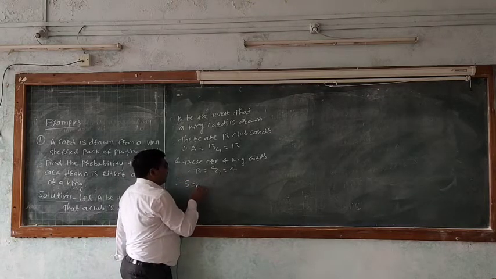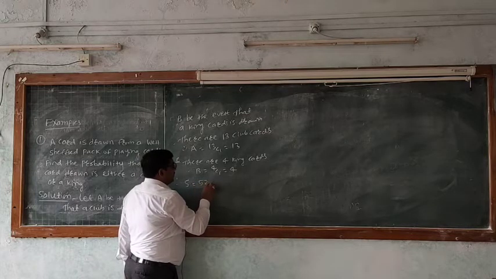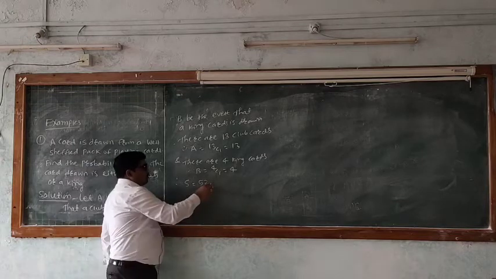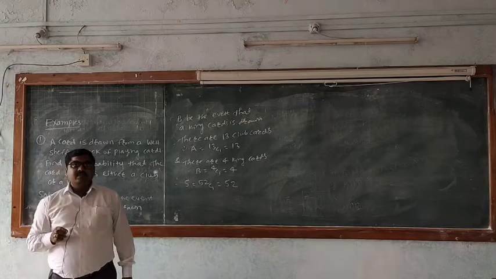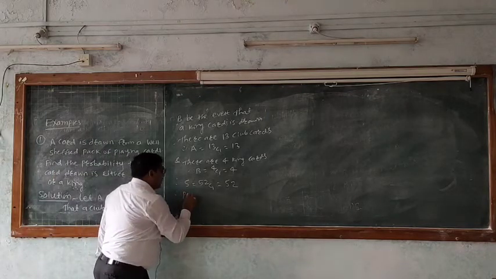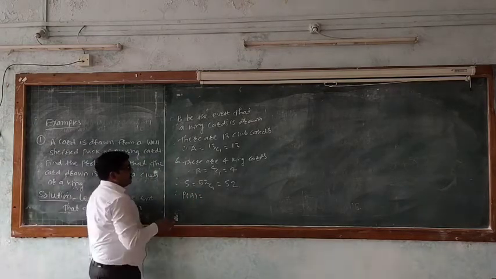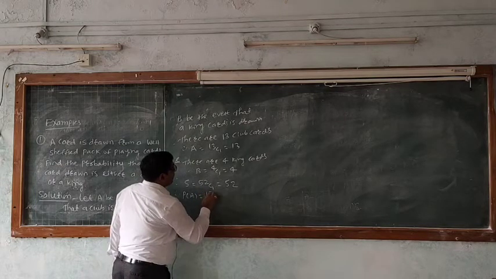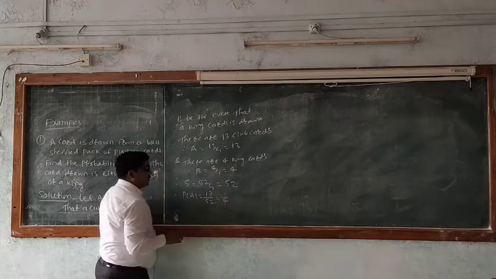S equal to 52C1. Right. 52. Sample space is 52. Therefore P of A, means probability of that event A, is equal to 13 upon 52, means 1/4.